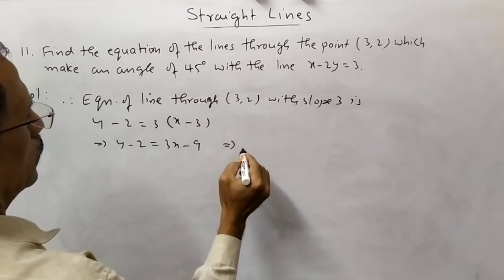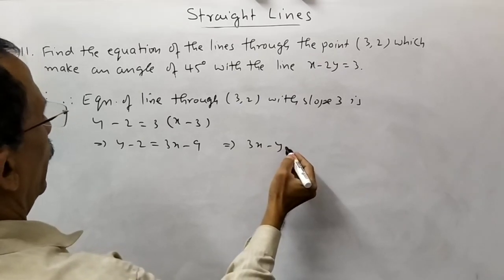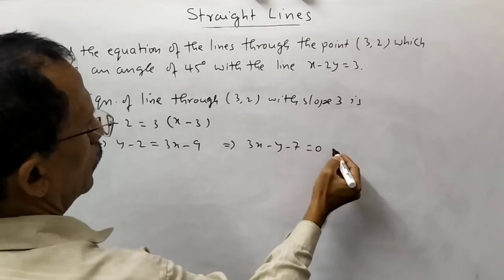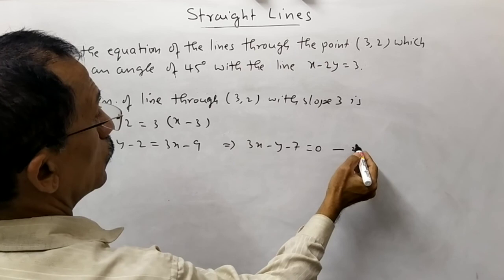This implies 3x minus y minus 7 is equal to 0. Say number 2.